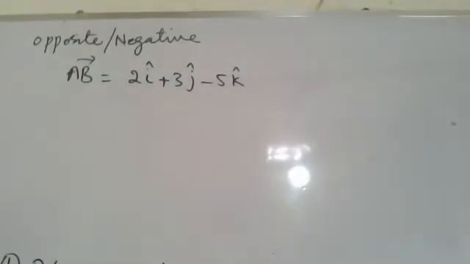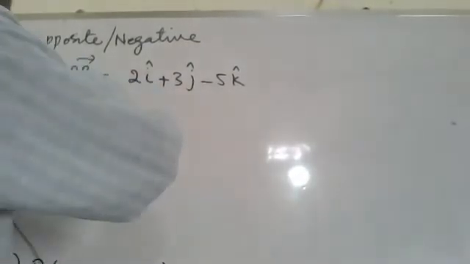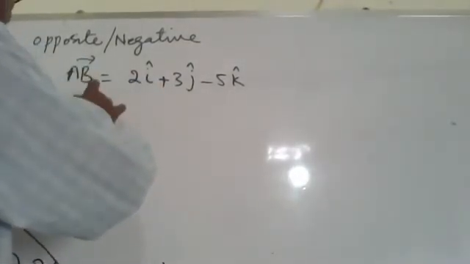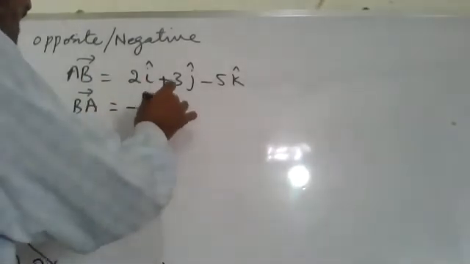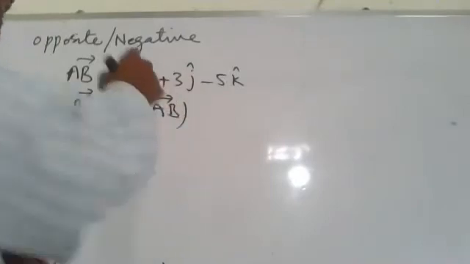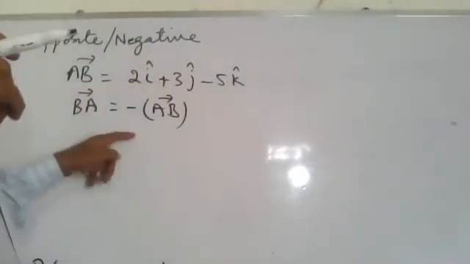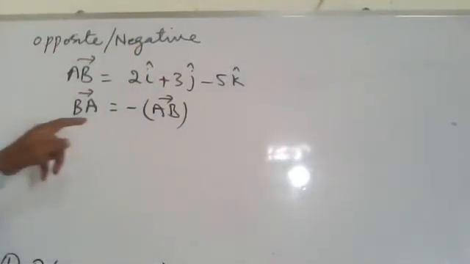How to find vector BA? We will multiply it by -1. BA will be equal to minus vector AB. The same vector is multiplied with a negative sign, and we will get the opposite vector BA.